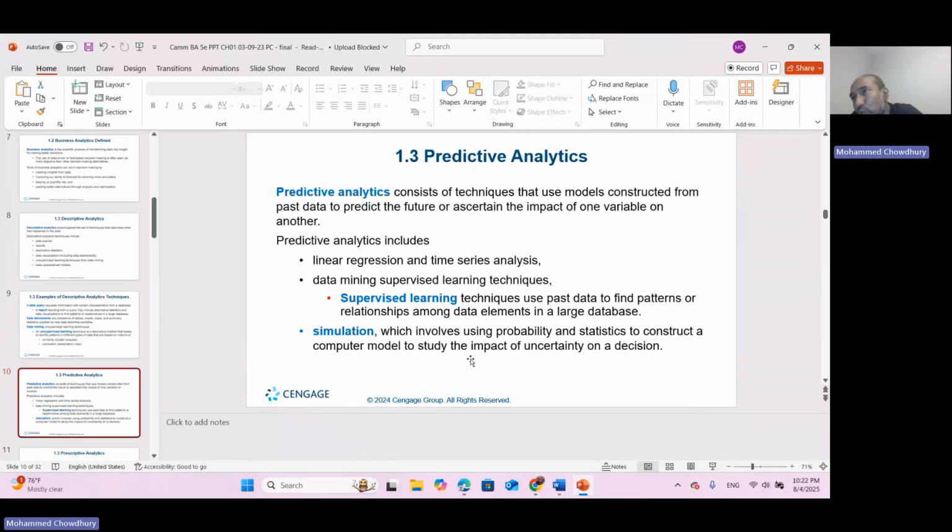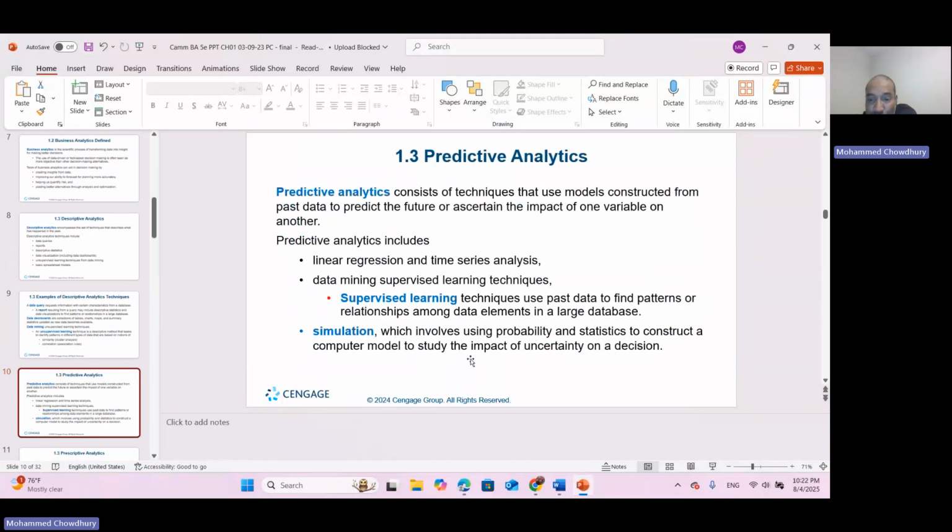So supervised means when there is an outcome variable, or there is a dependent variable, there is a response variable. If there is a variable that we need to focus on to see the movement of that specific variable with respect to other independent variables, that data mining technique is known as the supervised learning technique.